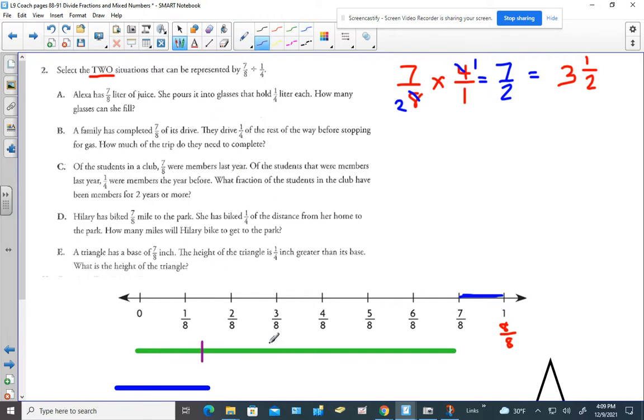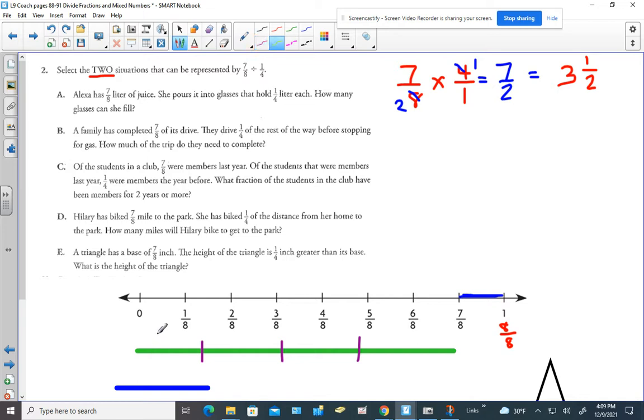That's a group of 4s, that's a group of 4s, right? 1, 2, 3, 4. I didn't quite do that perfectly. But if we break that up into 4 sections, what does 1/4 mean, right? 1/4 were members the year before.